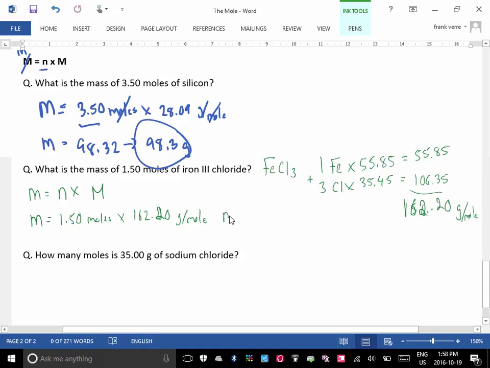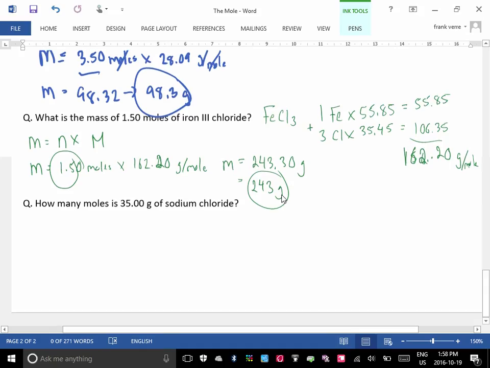That works out to what? 243.30? Is that right? But how many significant digits should I have? 3, so I'm going to round it off to 243 grams. Okay?